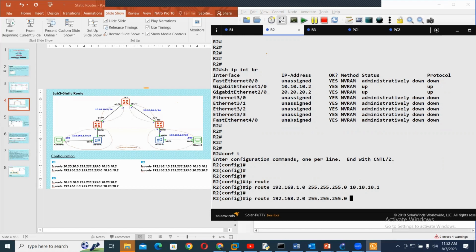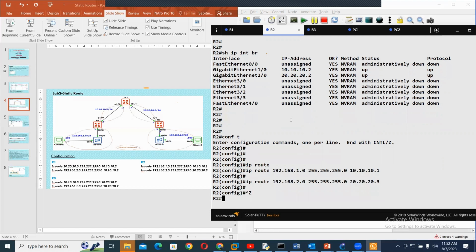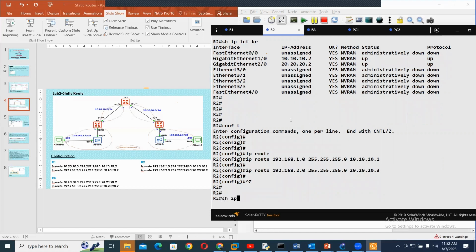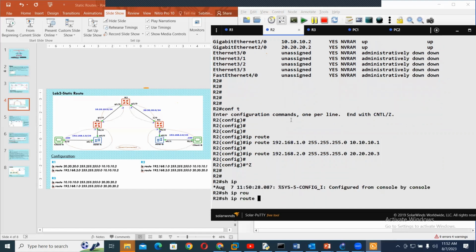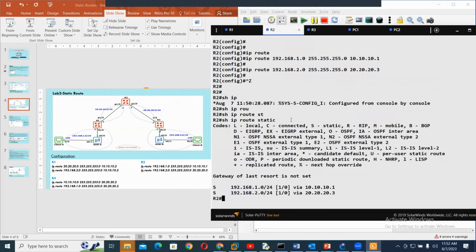Our next hop is 20.20.20.3. Show IP route static. Yes. For this destination, we have to pass through 10.1, and for this network also, we have to pass through 20.3.